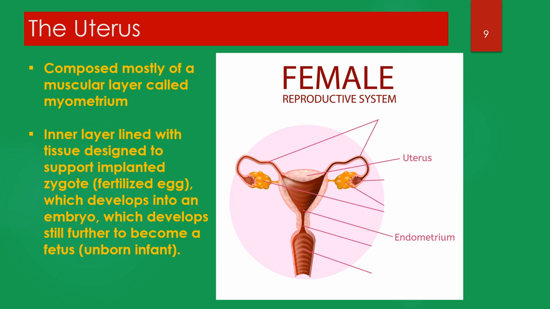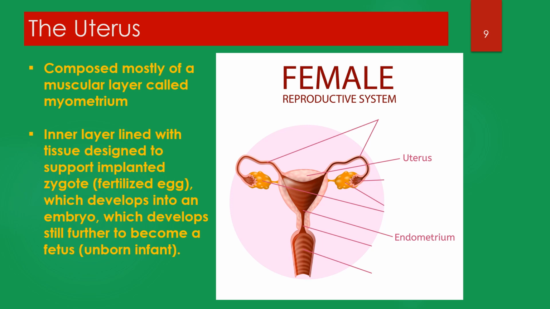The uterus is also referred to as the womb. It is considered the main female reproductive organ as it is the receptacle in which the embryo and fetus develop. The uterus is pear-shaped and about the size of a fist.